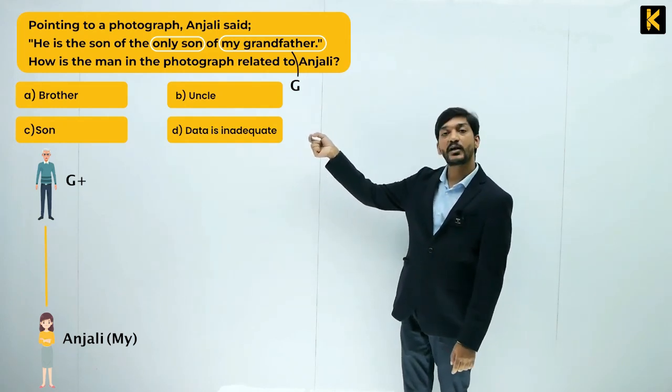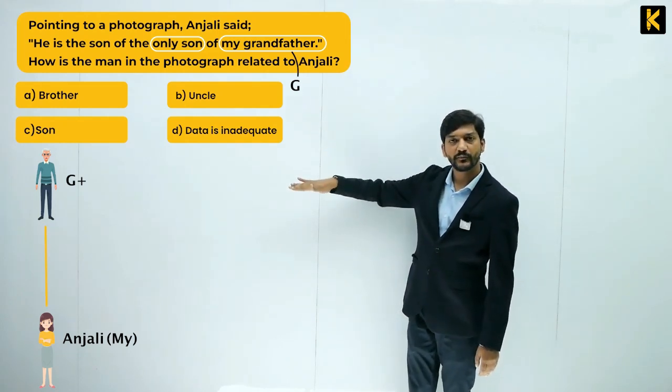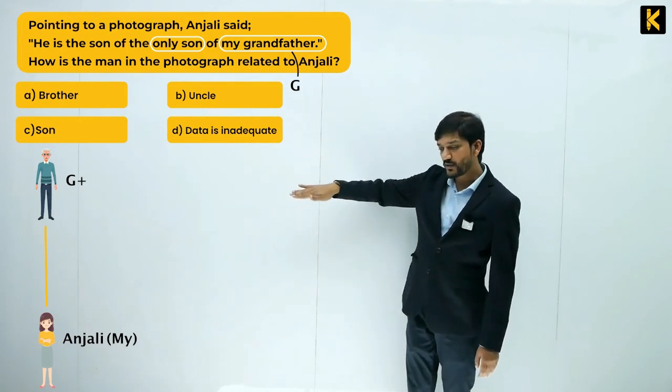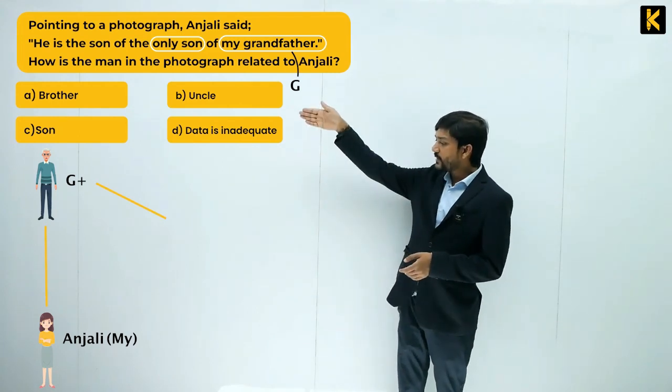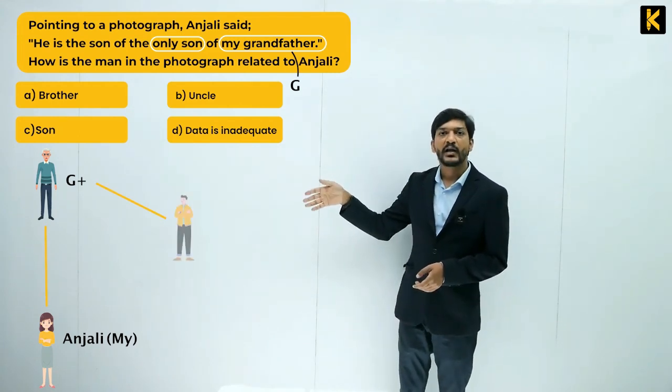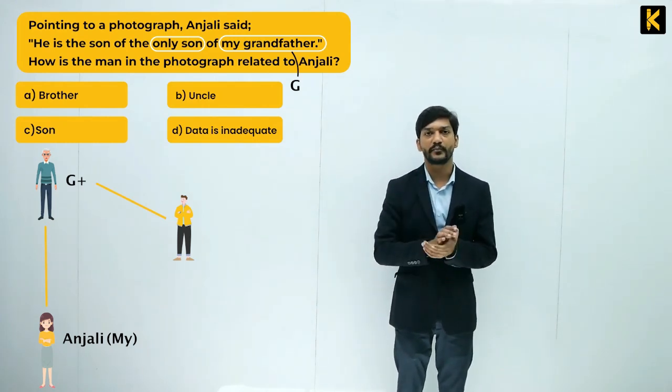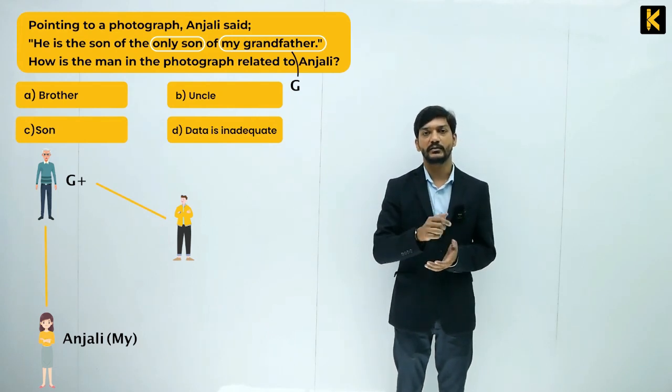So the son will be one generation below G, right? So one generation below, a close relation, that means I will take a single line. Okay. So let me take a single line and let me show a person. Again, the person will be represented not by name but by a letter.